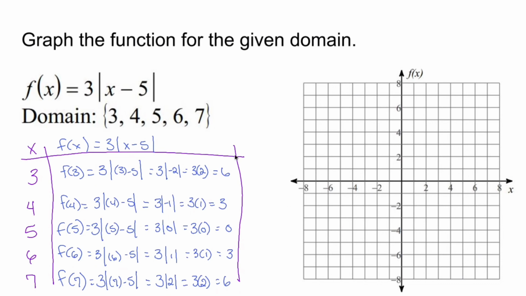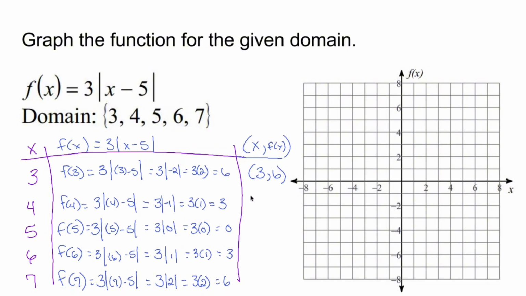Now back over here in this chart where I thought I had enough space, that's going to be my x, y values, or my x, f of x values. Okay, so when I graph them, I have points. For example, I have 3, 6, which is the point 3, 6. I plugged in 3, I got out 6. That gives me the ordered pair 3, 6.